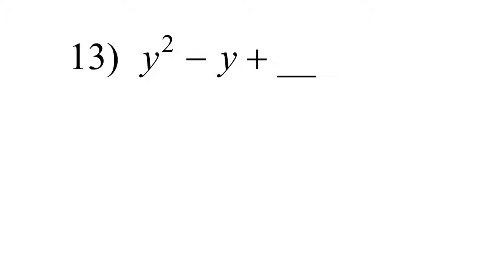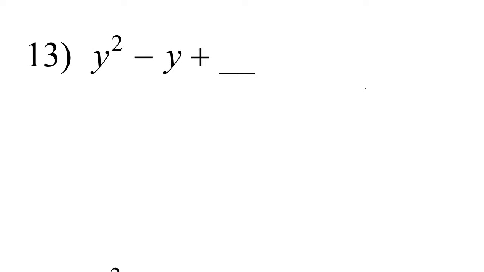Okay, this one is a little bit trickier. What is our b over 2 going to be? I'm just going to do this over here to the side a little bit. B over 2 in this case is going to be negative 1 over 2. Now this all gets squared, right?